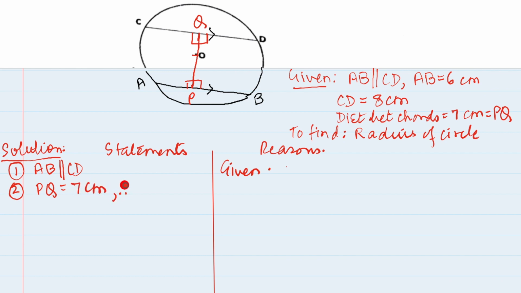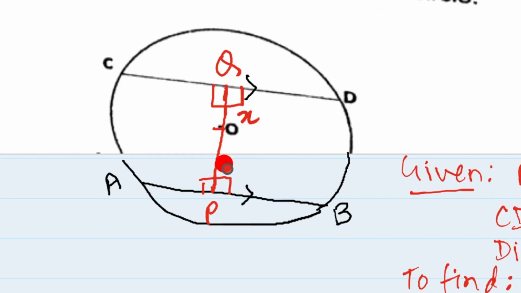So we'll say therefore let OQ equal to x centimeter, and we'll write here x, and therefore OP will be equal to, from here to here it is 7. x is gone, so from here to here this will be 7 minus x.